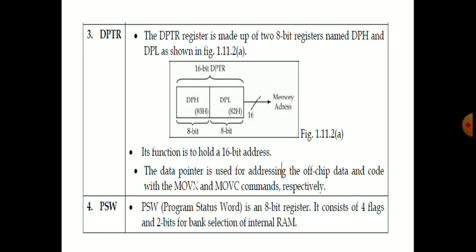The data pointer is used for addressing off-chip data, that is external data, and code, with the MOVX and MOVC commands respectively. These are the mnemonics we will use when writing code. We have the move instruction, MOV. The English word is MOVE, but in mnemonics we don't use the exact English letters.